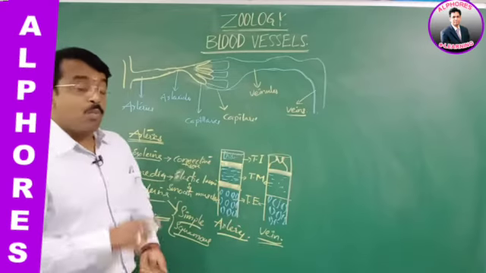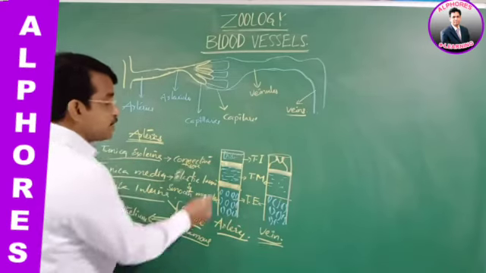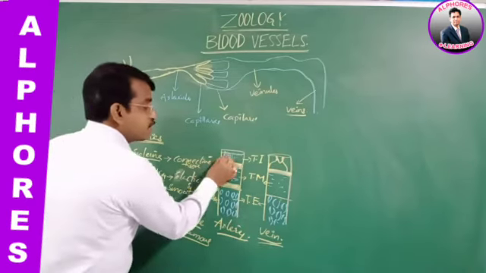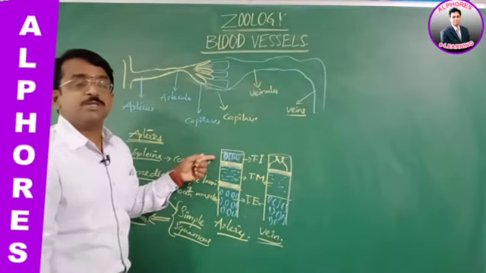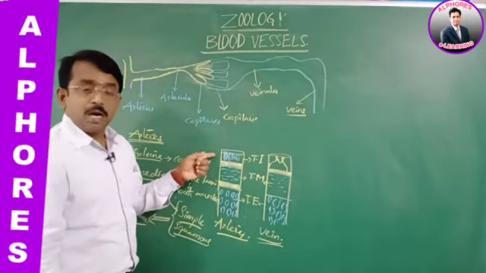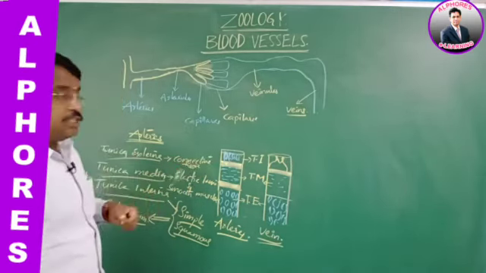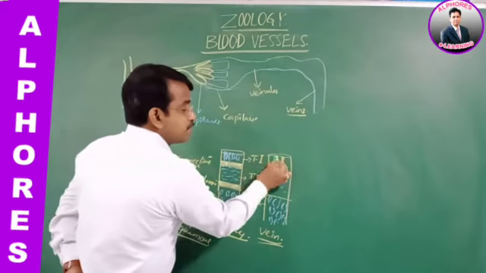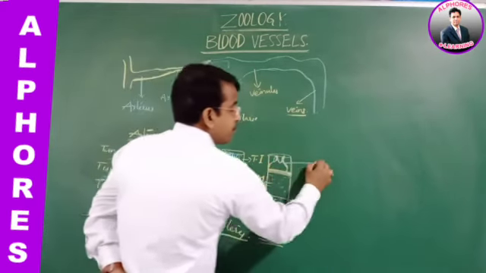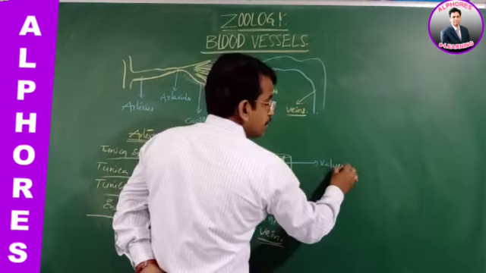Apart from that, one point to remember: the tunica interna, made up of simple squamous epithelial cells, the flattened cells in the blood vessels, is named the endothelium. The endothelium of the veins is folded to form the valves.